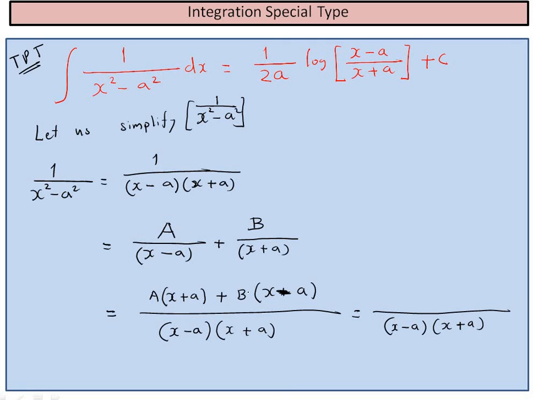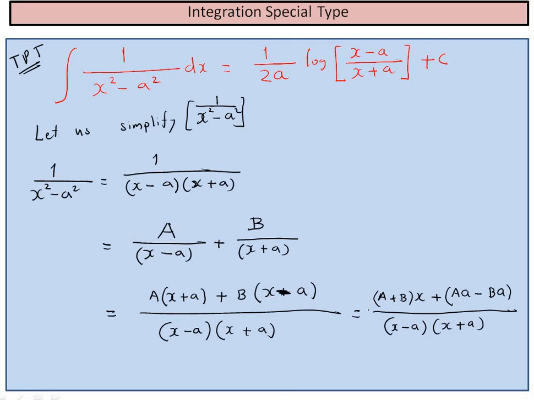Now here Ax plus Bx, so A plus B times x, and capital A small a minus capital B small a. Now this numerator I can equate to 1. समझ गए? अच्छी तरह से ध्यान दे दो.